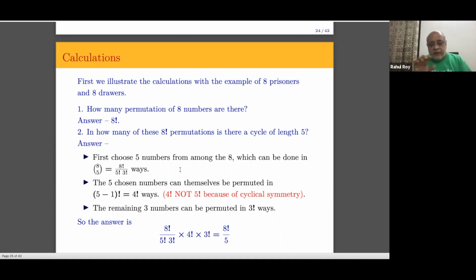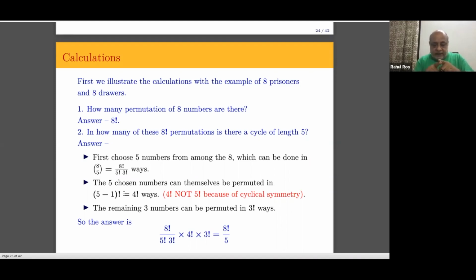However, the five chosen numbers can themselves be permuted. The 5 chosen numbers can be permuted in 5 minus 1 factorial, or 4 factorial, ways. Remember, it is not 5 factorial because there's a cyclical symmetry.